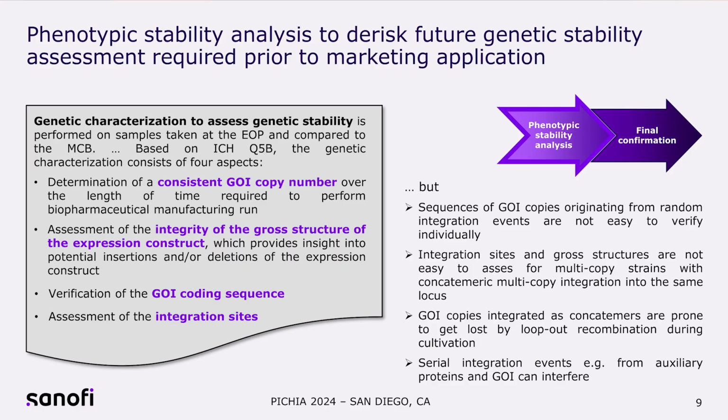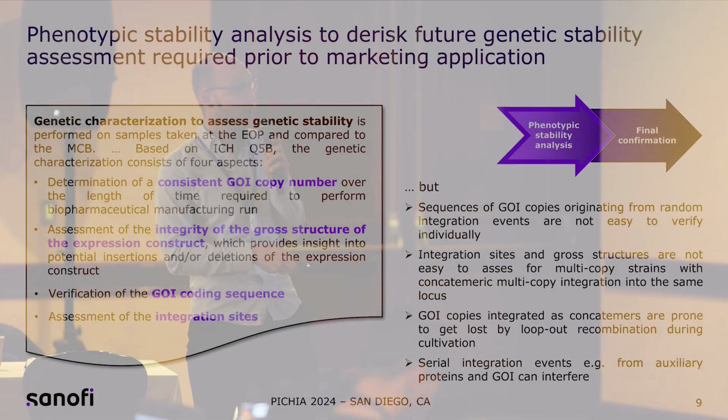You have rather long stretches of sequences that share homology. It's not easy to resolve even in long-read sequencing approaches. It's not easy to assess the copy number. It's not easy to assess the integration loci.